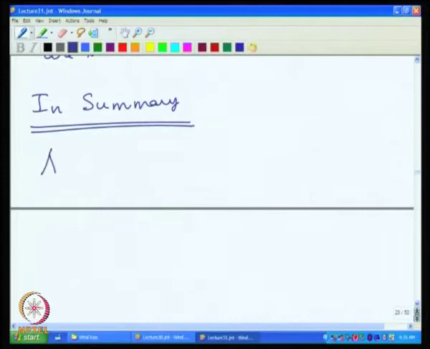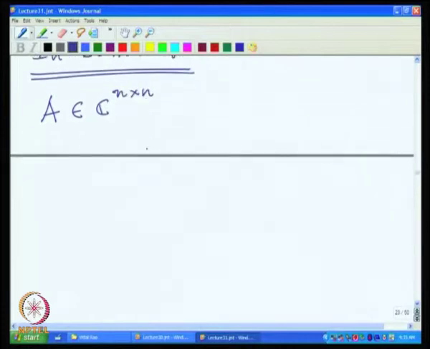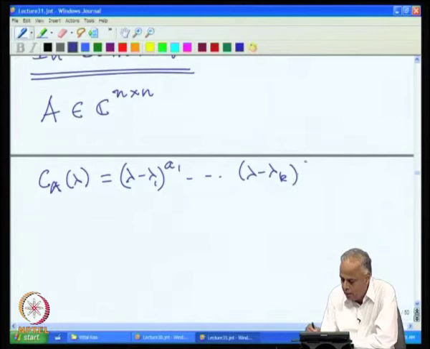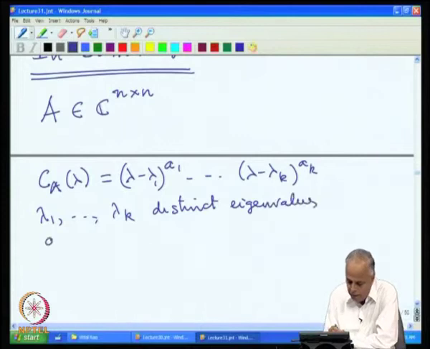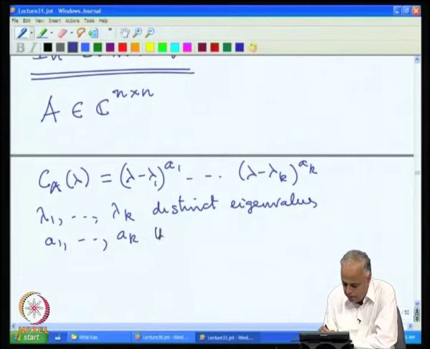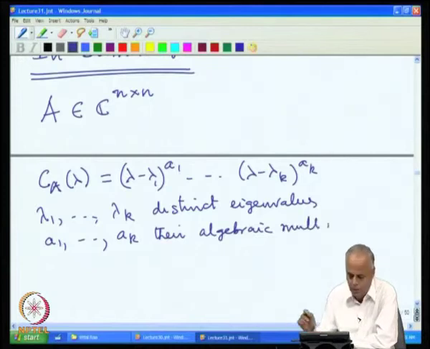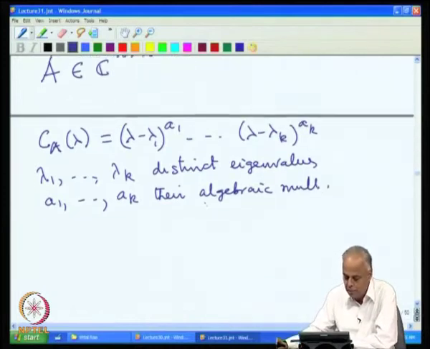Suppose I have a matrix A which belongs to the complex n by n, and its characteristic polynomial is lambda minus lambda 1 to the power of a 1, up to lambda minus lambda k to the power of a k, where lambda 1, lambda 2, lambda k are distinct eigenvalues and a 1, a 2, a k are their algebraic multiplicities.